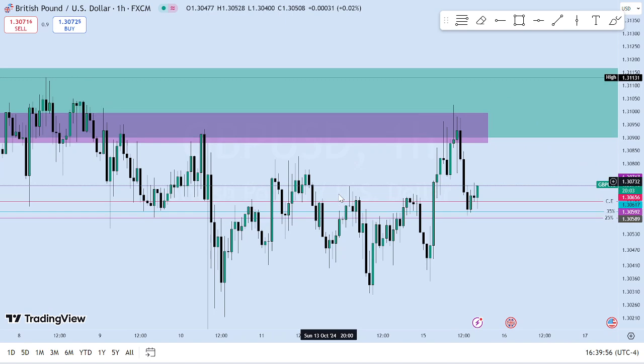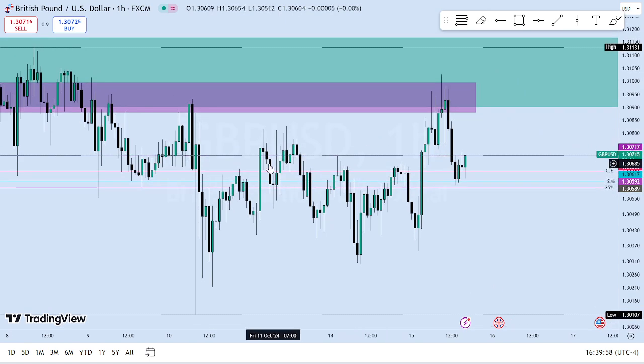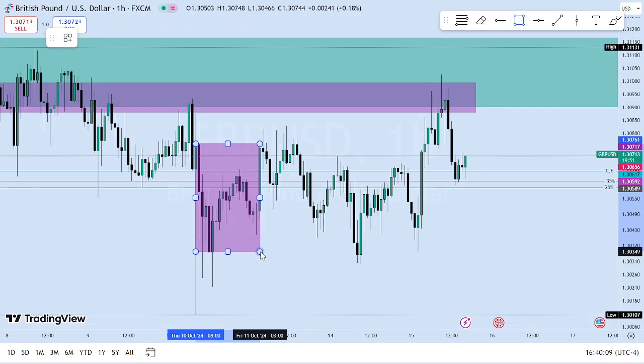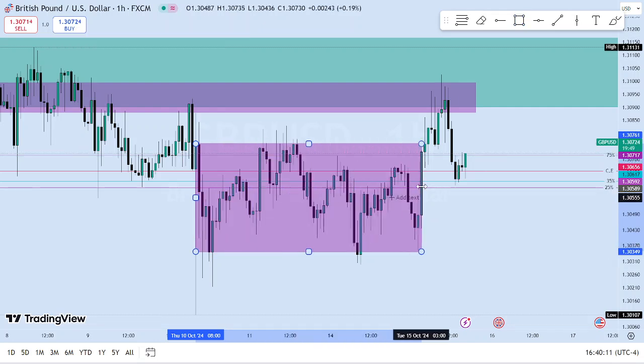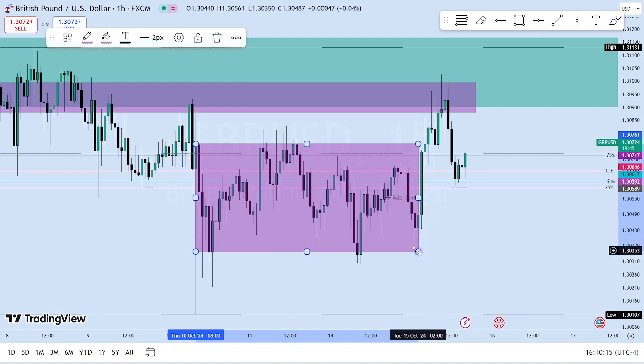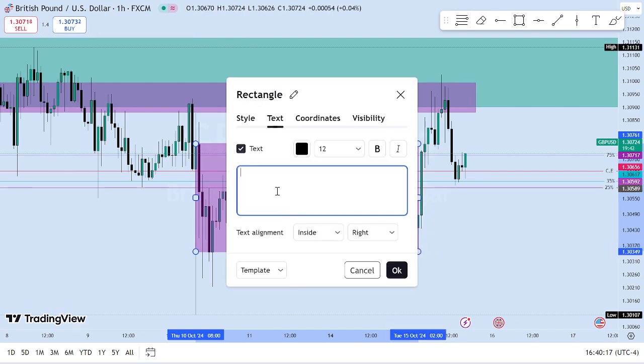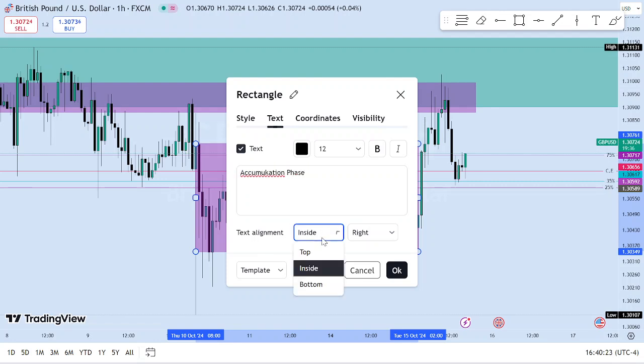Then we had a consolidation here, from this high of the candle to this low. That's a consolidation phase, an accumulation phase.